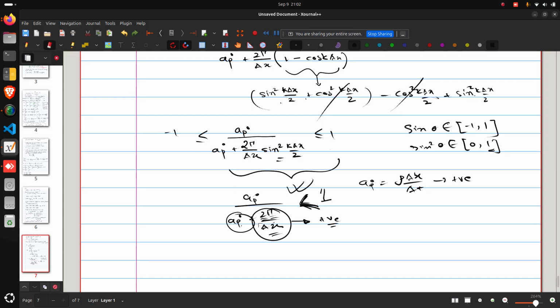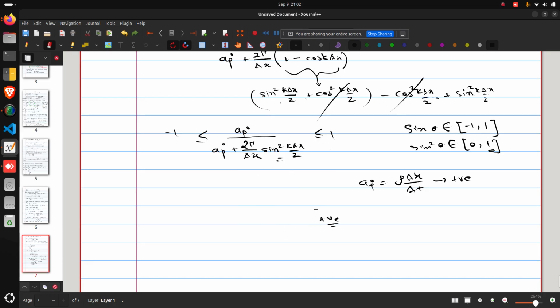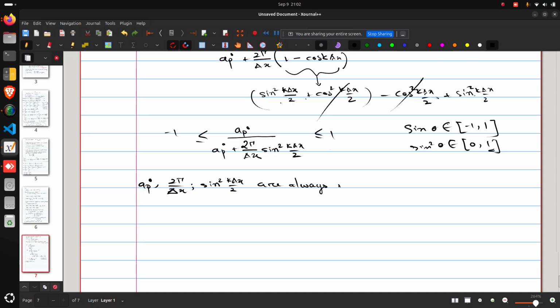Okay, let me just write it down nicely. AP naught, 2, delta x, sine square k delta x by 2 are always positive.